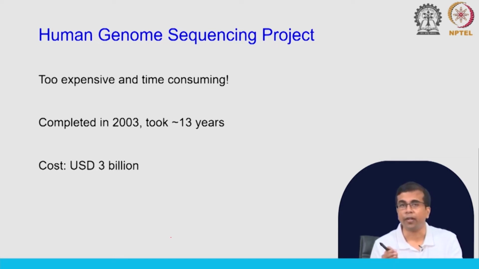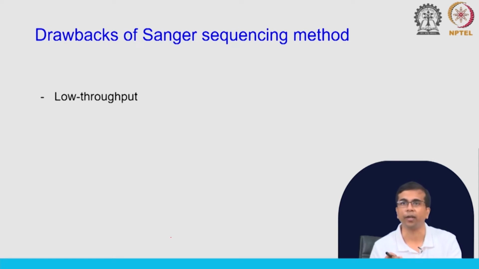So, you can probably now understand the limitations of Sanger sequencing if you want to do genome sequencing or something like that. Okay. So, this is where the limitations came into the picture, right. The first limitation of Sanger sequencing is that it is low throughput, right. So, you cannot process too many DNA fragments at once. We saw that sequencing is done for one sample, and you can maybe get 96 samples at once in the machine, right.